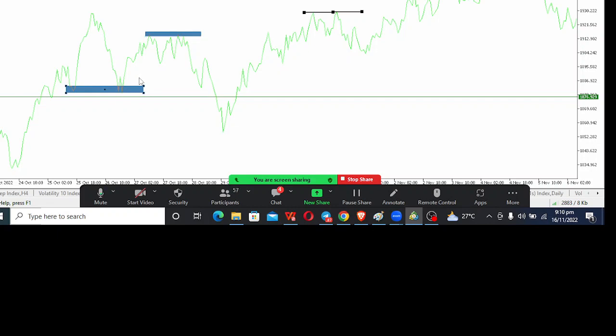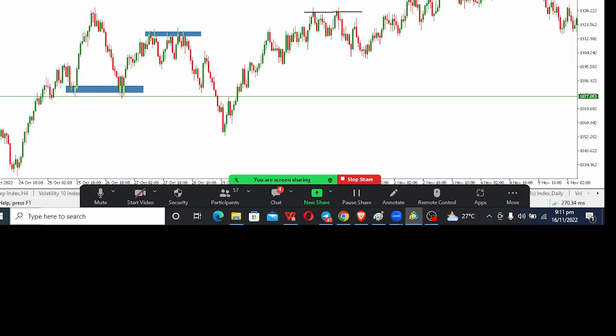So now I've marked these ones. Let me switch back to the candlesticks. You see when I switch back to candlesticks, you can see where the zone is right now.